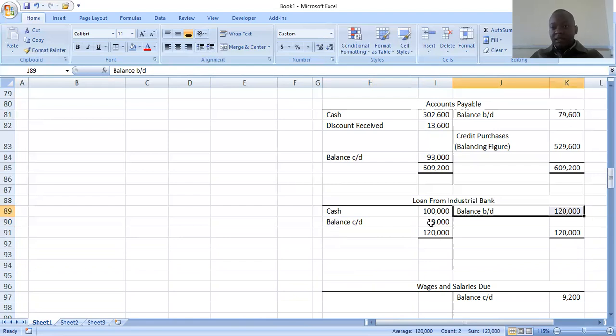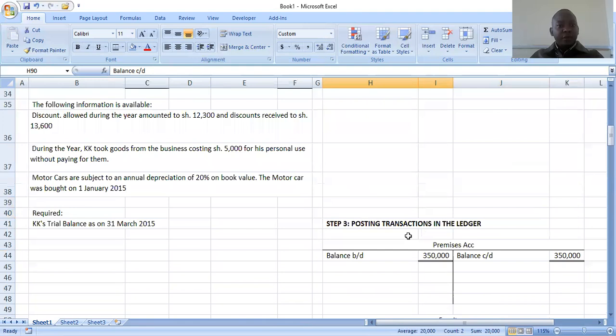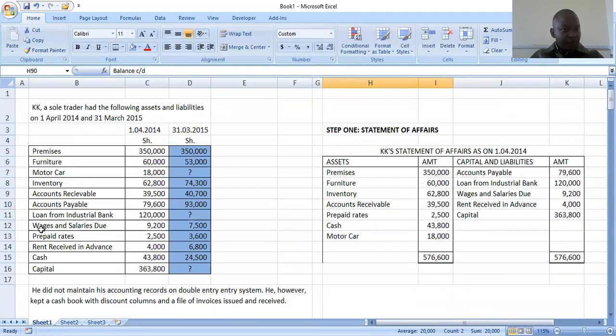And the balance carried down from the loan from industrial bank, as you can see here, is still a credit balance, which should be seen on the debit side. Then we proceed to the other account. Wages and salaries due are 7,500.